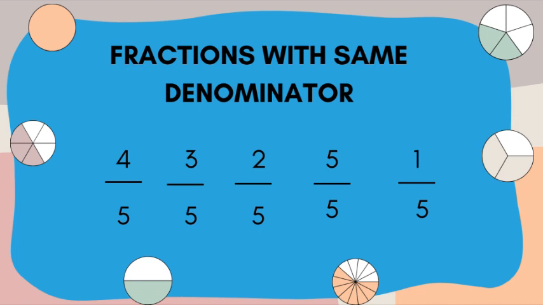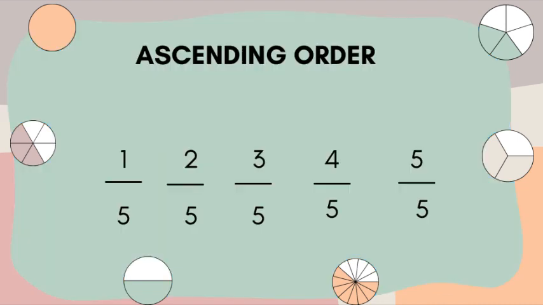For this example, the answer is 1 over 5, 2 over 5, 3 over 5, 4 over 5, and 5 over 5. In ascending order, we place these fractions from smallest to largest. And 5 over 5 can be reduced because 5 can go into itself one time, and that is equal to 1.